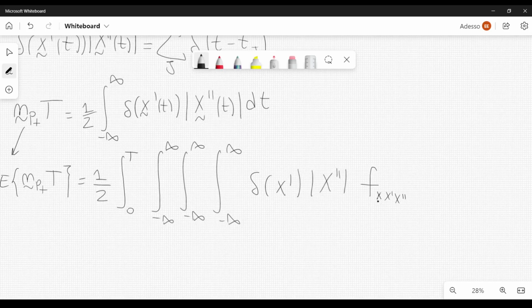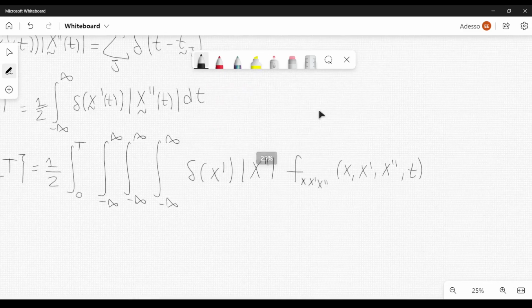In this case we don't have only two variables, we have three variables: x, the signal itself, the derivative of the signal, and the second derivative. And this is a function of x, x prime, x double prime, and in general this might also depend on t if the distribution is non-stationary.